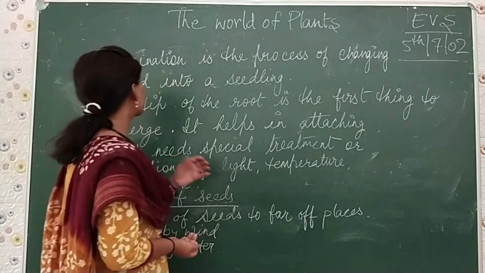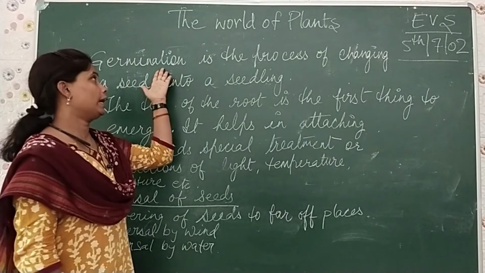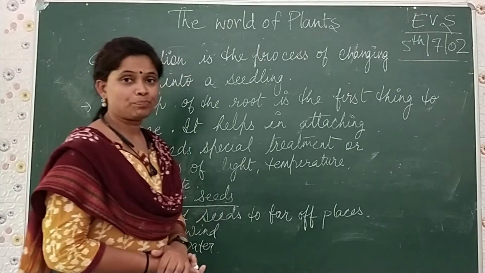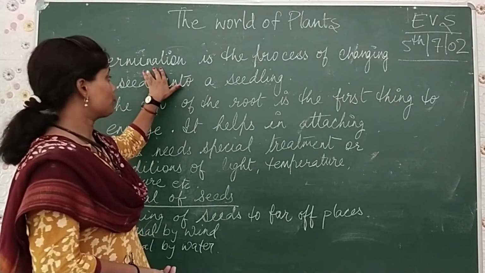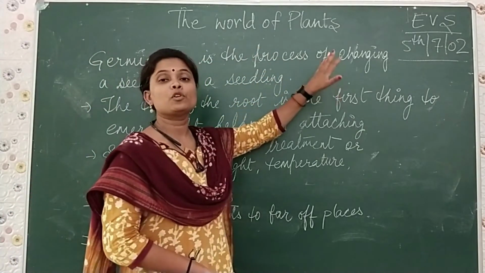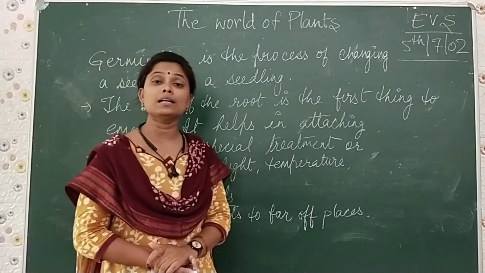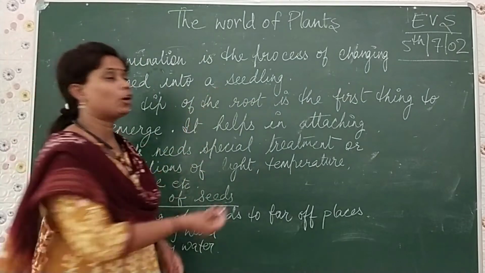Now today we are going to start our session with the definition, and its description I have already discussed with you. Let's see, what is germination? Germination is the process of changing a seed into a seedling.